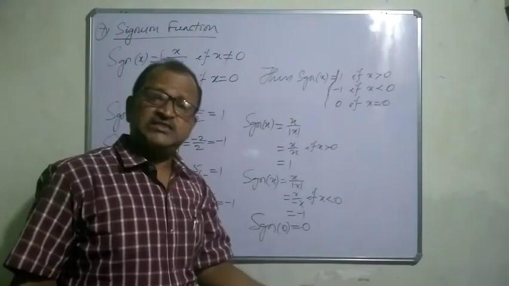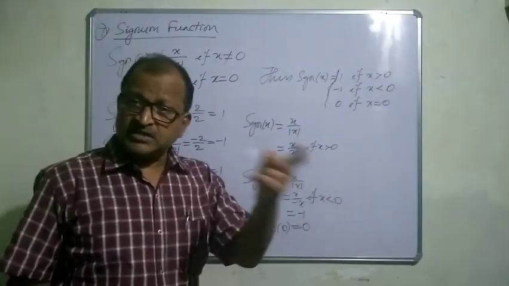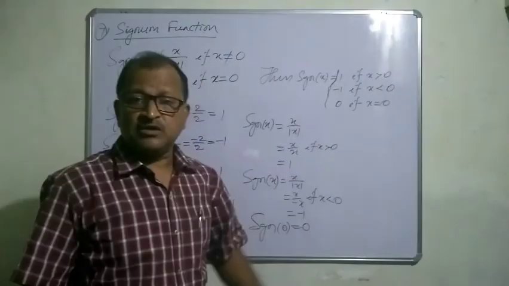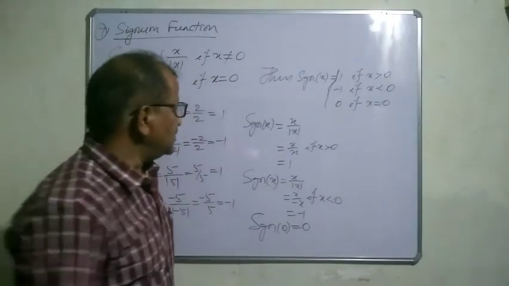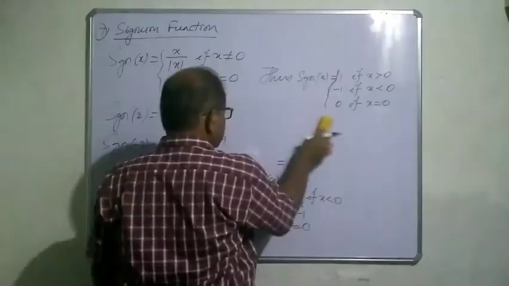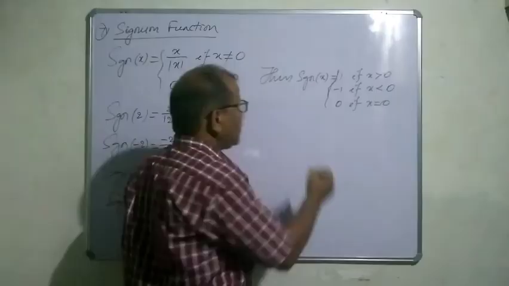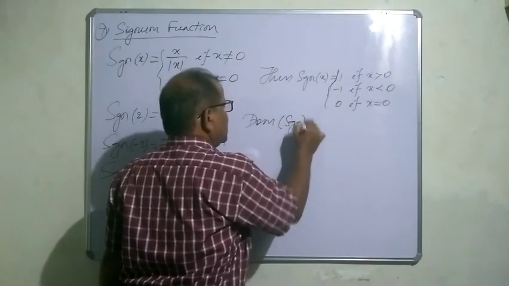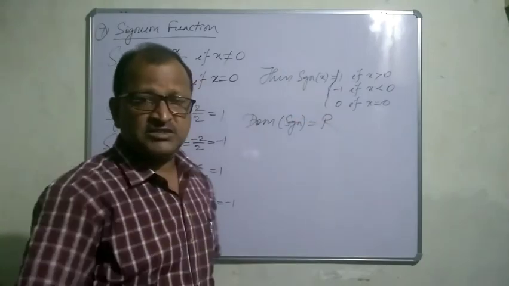So when x is positive, signum value of x is 1. When x is negative, signum value of x is minus 1. And when x is 0, its value is 0. So what is its domain? Domain of signum function is equal to R, because it is defined everywhere in the set of real numbers.